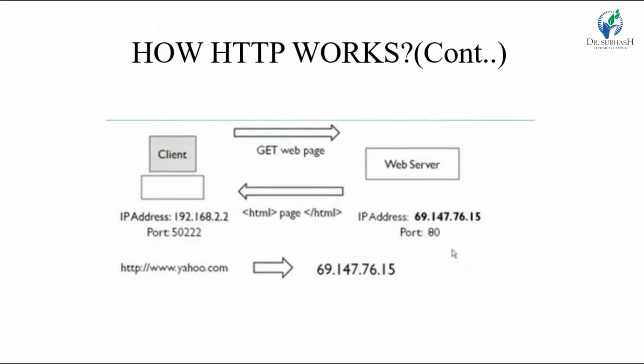After the client is connected with the particular web server, the client will send a request for particular resources to the web server. The web server will receive this request, process it, and send the response back to the client. So this is how HTTP communication works. The client first writes the requested resource in the address bar, and that request is sent to the DNS.